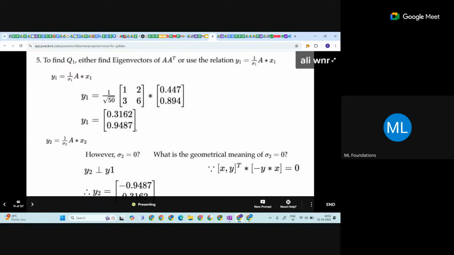We have y1 found here, and that is easy. The dot product is just going to be 0, so we can easily find it. The star is the multiplication sign here.